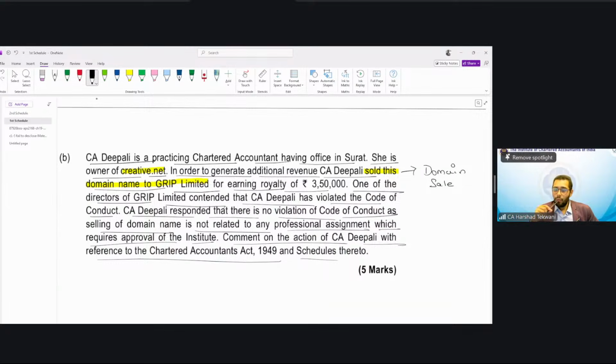Now, tell me, what do you think about this domain sale? Is it permissible? Will you count this as a management consultancy service under section 224 or not? Or will you say that it's something else?